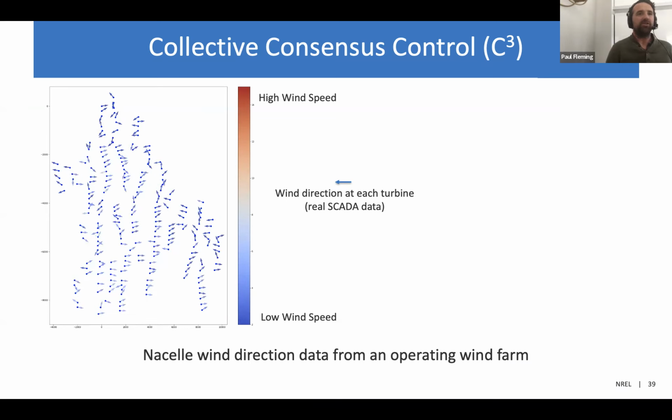We have separate projects looking at this top right box, where turbines use their own information but pursue wake control strategies that will benefit their neighbors, or the bottom left box, keeping the same objectives but sharing information. And in the next year or so, we'll start testing the combination of both sharing information and implementing things like wake steering and wake control to get the best possible energy production out of the farm.